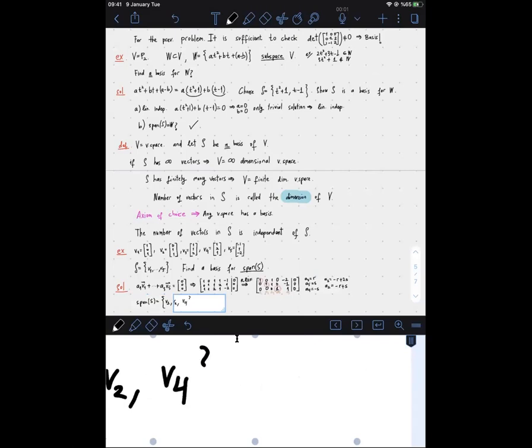Because I can express vector 3 and vector 5 in terms of the other vectors. So these 3 vectors are sufficient to span this space. The other vectors are redundant. Okay, so this is really a basis of the span of S.